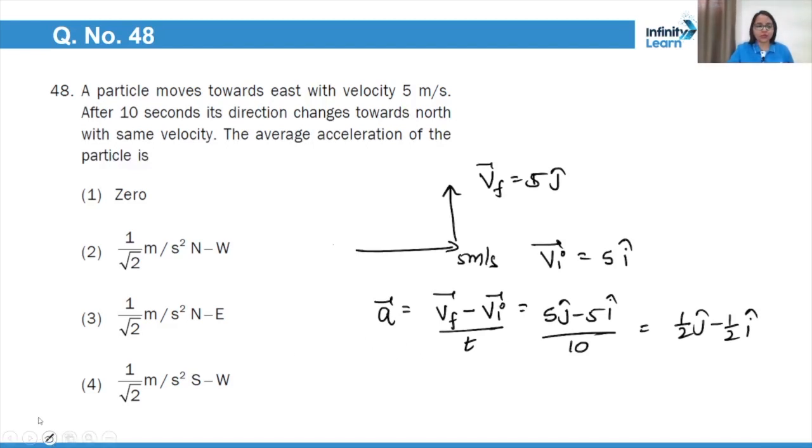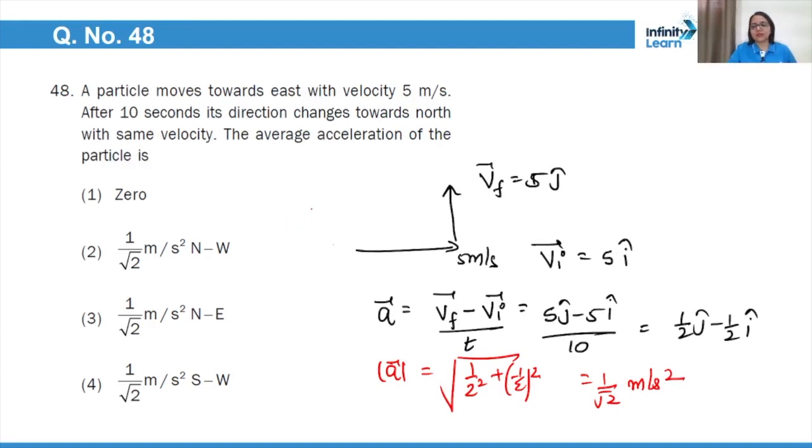Let's find the magnitude also. So the acceleration magnitude will be under root of (1 by 2) square plus (minus 1 by 2) square, which is equal to 1 by root 2 meter per second square. Fine. And our direction: you can see that this is 1 by 2 j cap, which is over here, and minus 1 by 2 i cap is over here.